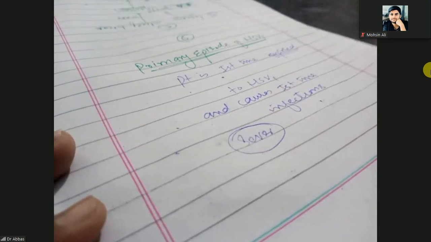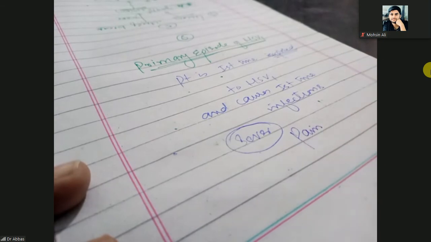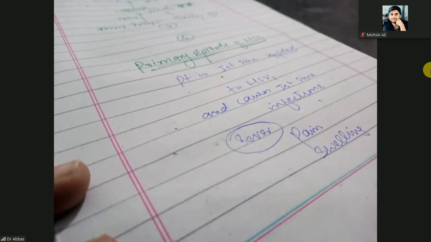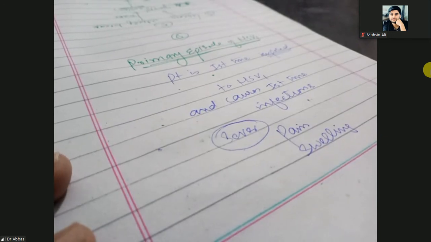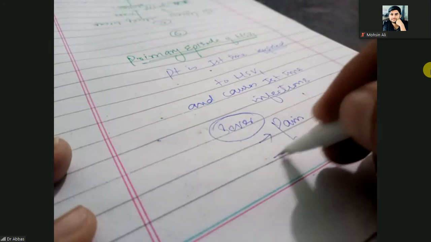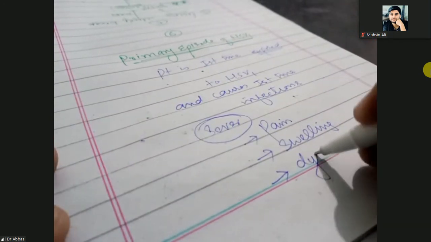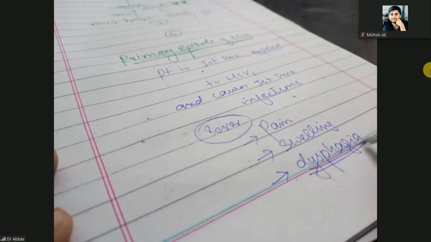What is the severity? The patient will feel pain, swelling on the lips, swelling on the gums, swelling in the oral cavity, and due to the pain and swelling the patient can have dysphagia, difficulty in swallowing.